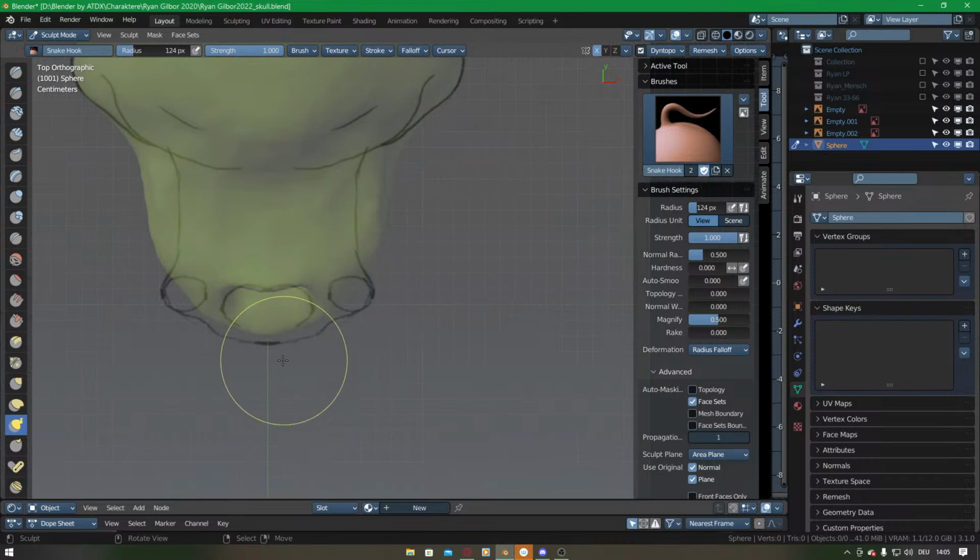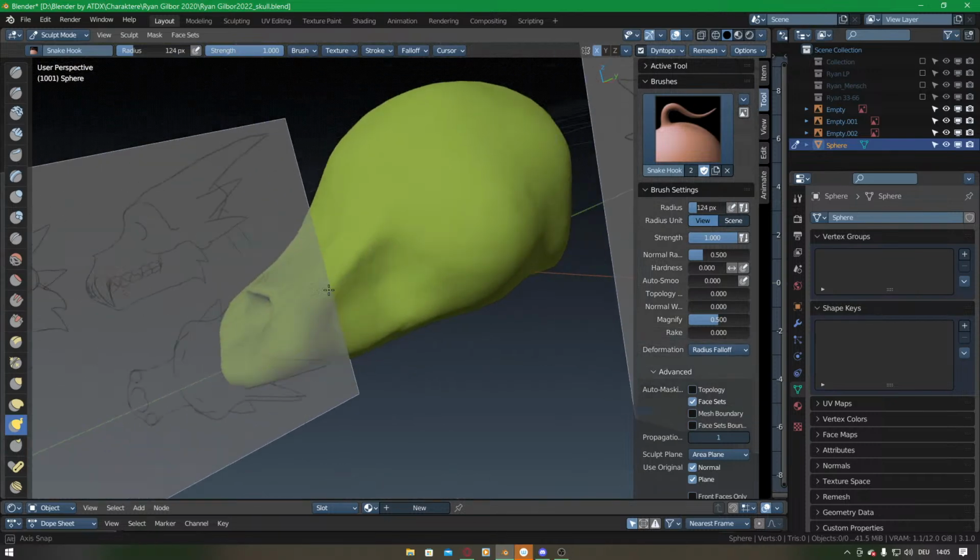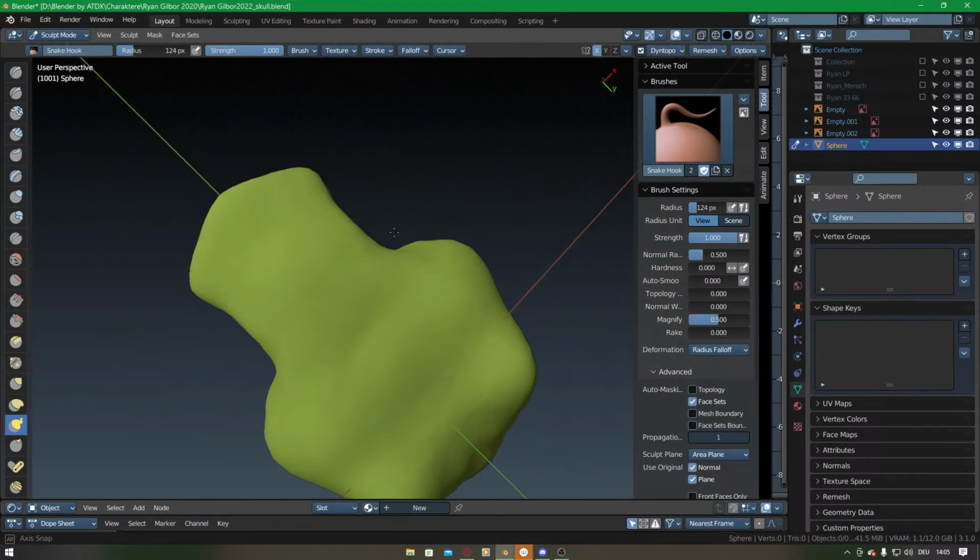That was a little bit, yeah, that's the bone mass.